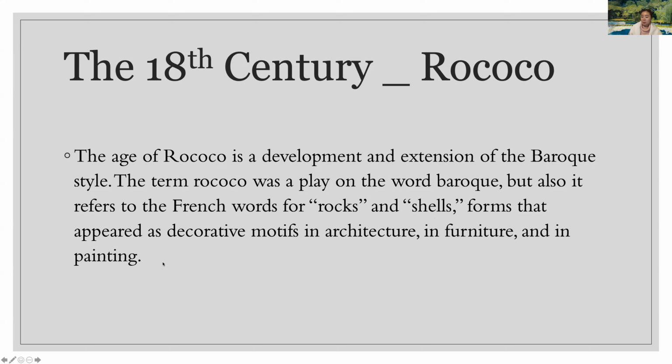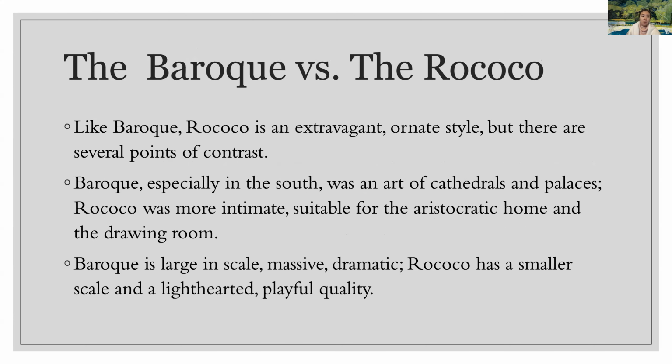The Rococo subjects and mood of art are slightly different from the Baroque, even though it is an extension of Baroque. So, like Baroque, Rococo is an extravagant, ornate style, but there are several points of contrast.